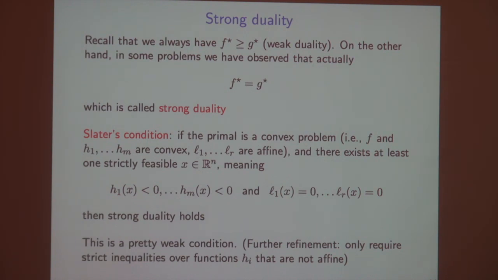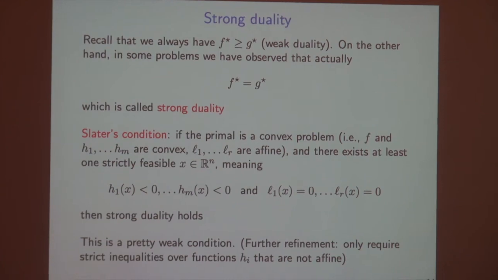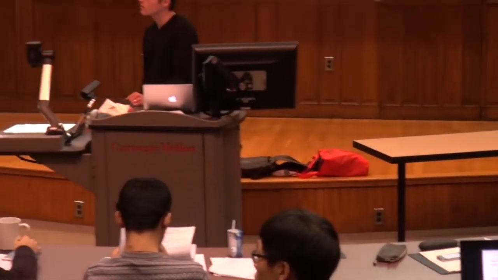Oh, and you want to know that strong duality still holds? Oh, so you're asking if there's a converse to Slater's condition? Right, yeah. I don't know, actually. So we could consult Rockafellar. That would be the reference I would look to find this out.